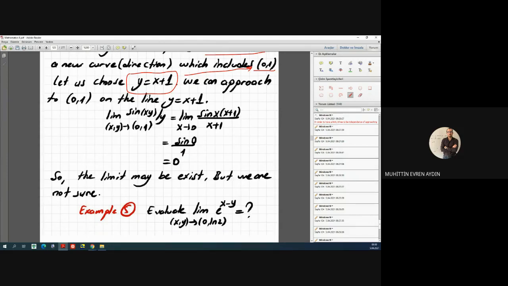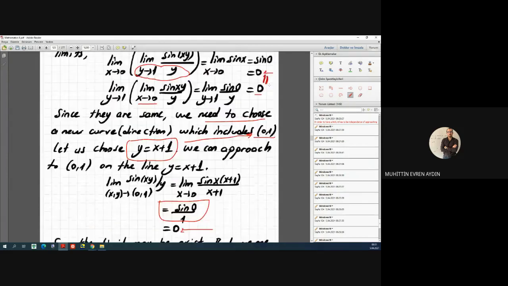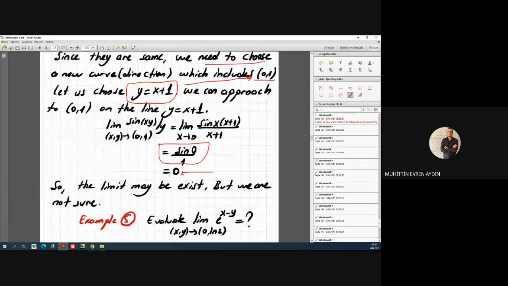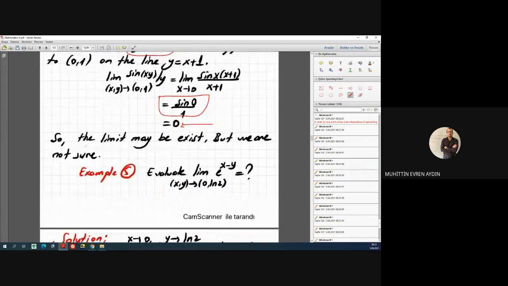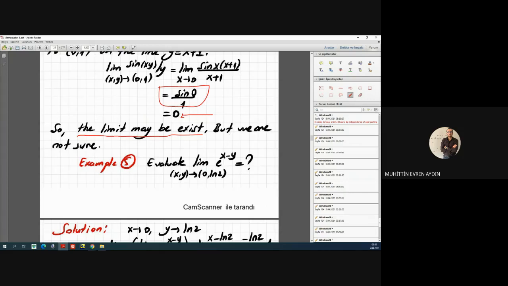So we have to replace y with x plus 1, and we have a continuous function, and the limit is 0. Okay, we have all 0. First approach, the second one, and the third one, and those are all 0. So the limit maybe exists, but maybe. So we have not a certain result. We are not sure, which means that the Cartesian method doesn't work in this case.